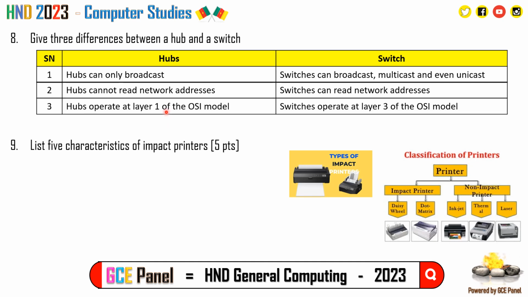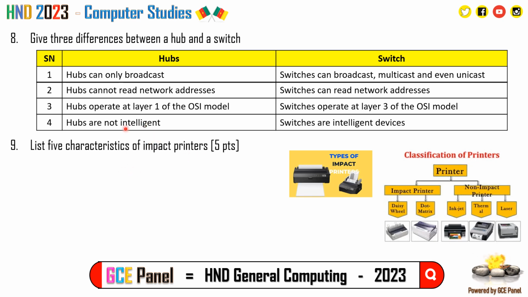Number 3, hops operate at layer 1 of the OSI model, whereas switches operate at layer 3 of the OSI model. 4, hops are not intelligent. Switches are intelligent devices. You had all of these from your general computing 1, 2, 3, and 4. You saw all of these things about hops and switches.